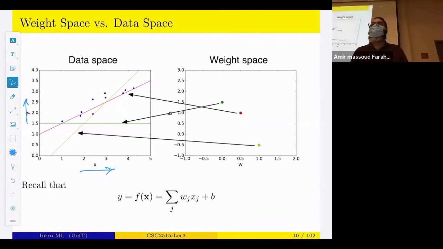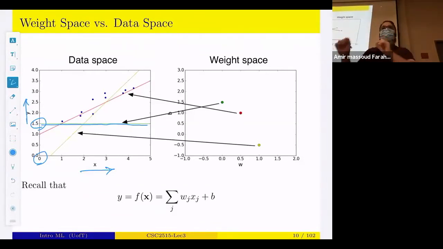The weight space says which weights lead to that specific line. For example, consider this flat line whose value at x equal to 0 is 1.5. So its bias or intercept is 1.5.